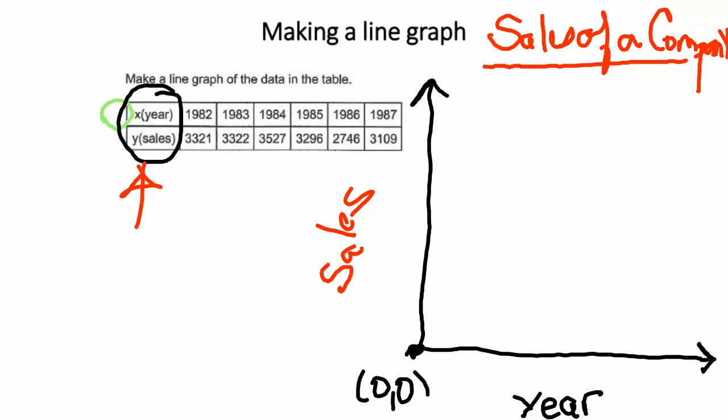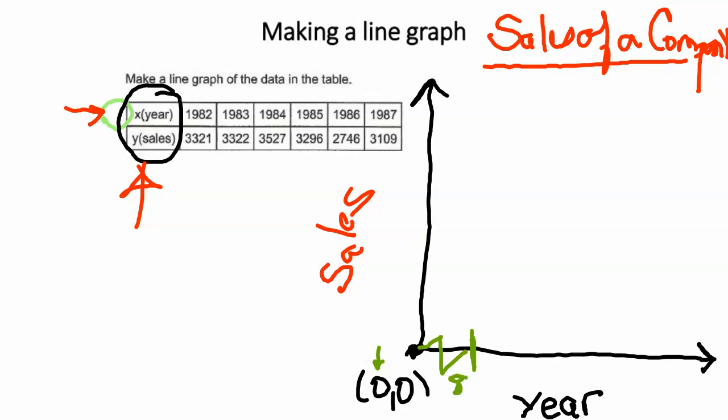Now, first off, 82, 83, 84, 85, 86, 87. These are in order, but there is going to be a break here because 0 to 1982 is a big break. There's 82 years in there.